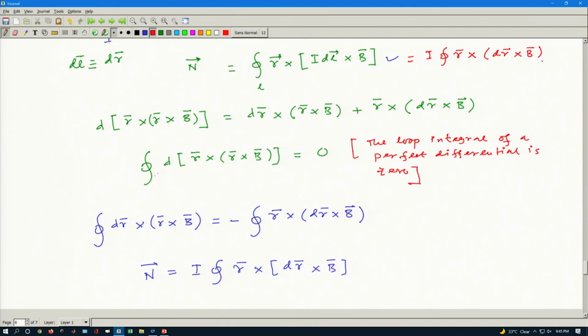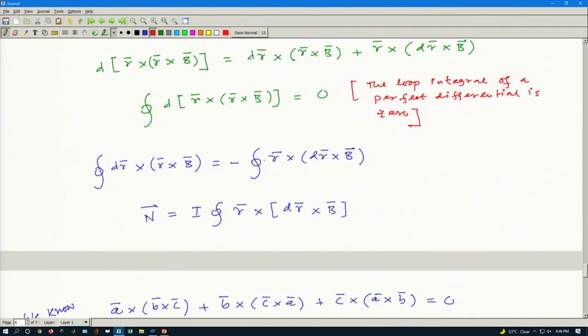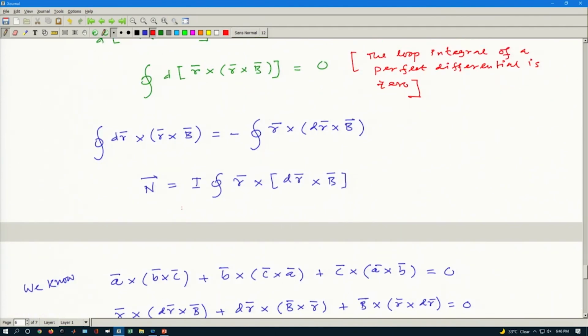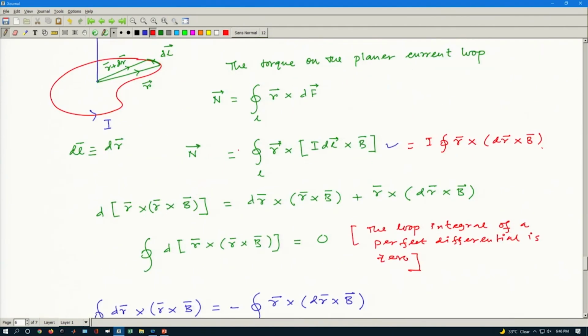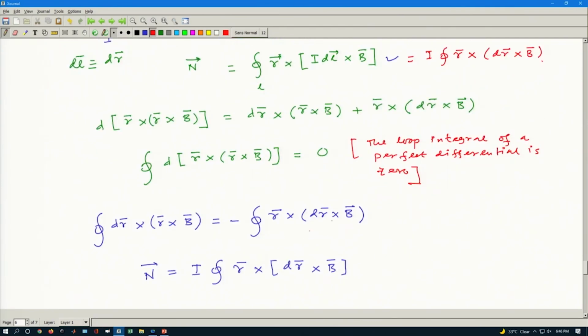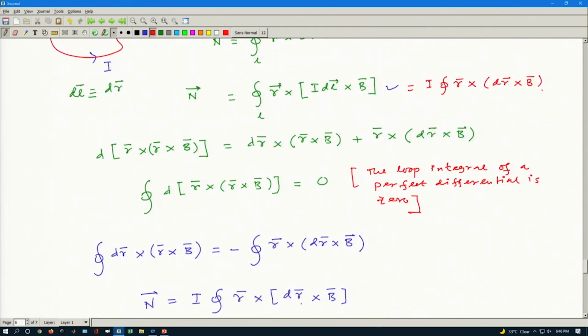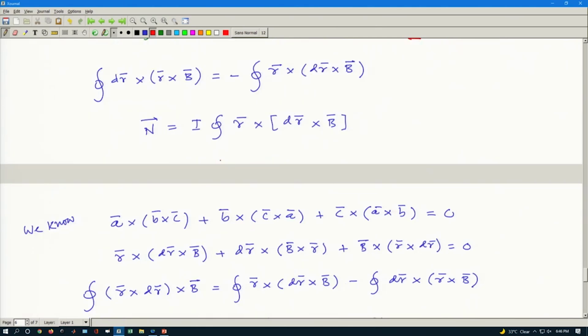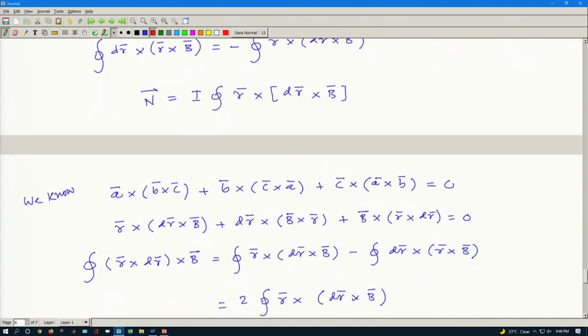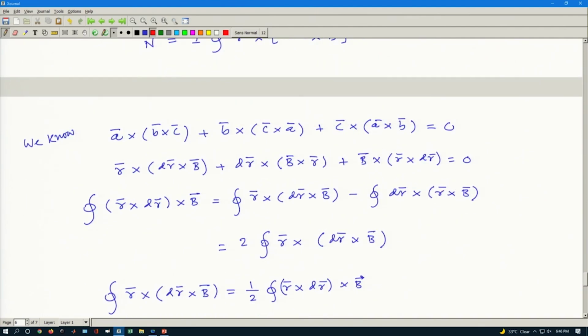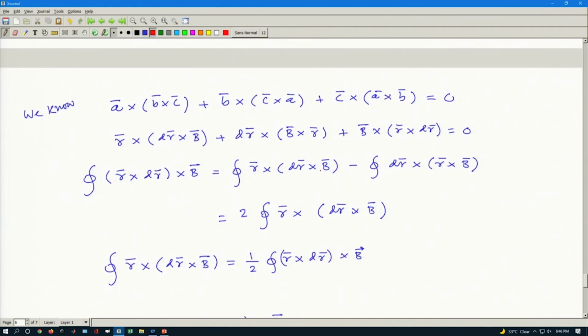If I make a closed line integral, so r cross B should be minus of r cross dr cross B. So, that we use here, and I put this inside. Whatever value we had here, r cross dr cross B, I then use the identity A cross B cross C plus B cross C cross A plus C cross A cross B equal to 0, and just replace A, B, C in terms of r, dr and B, and carry forward the calculation.